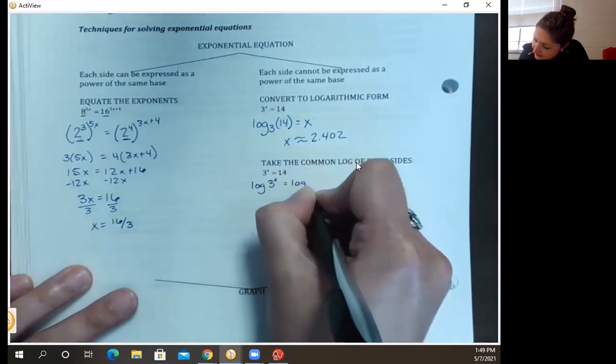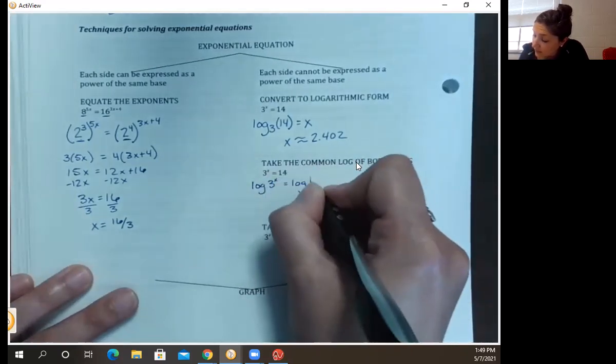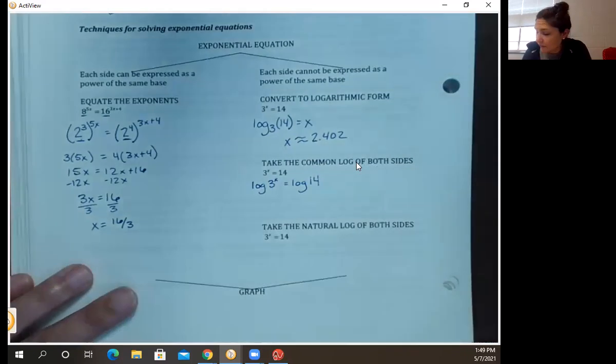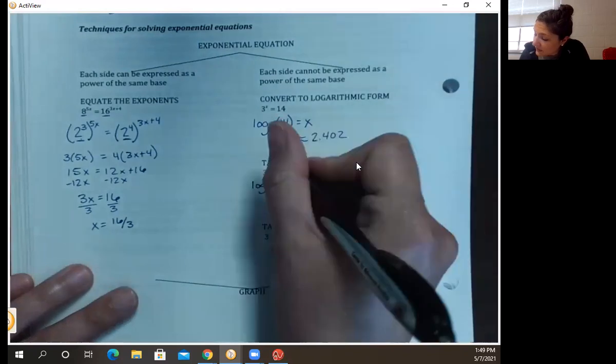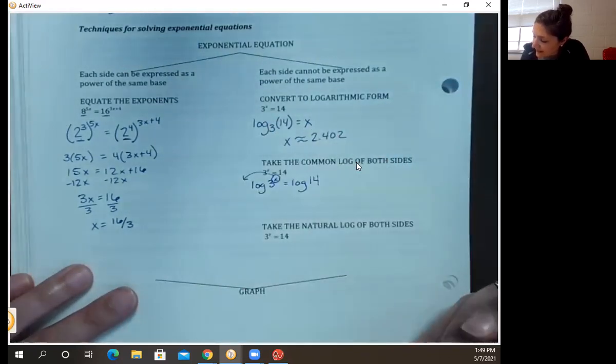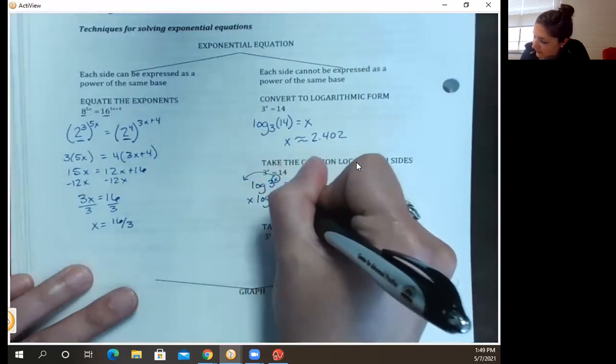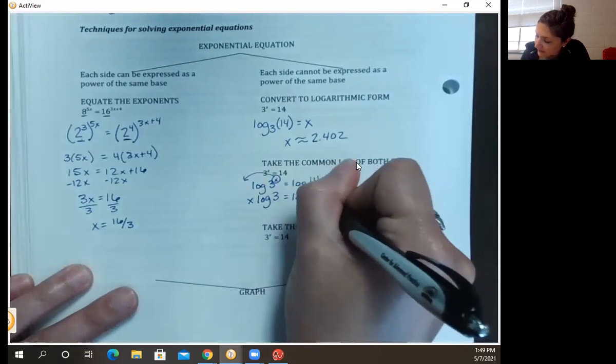That means instead of 3 to the x, I want log of 3 to the x. Instead of 14, I want log of 14. Remember, log is an operation, so I'm going to do that on both sides. And now I get to use that log property that if I have an exponent, I can throw it down in front. So I have x times log of 3 equals log of 14.